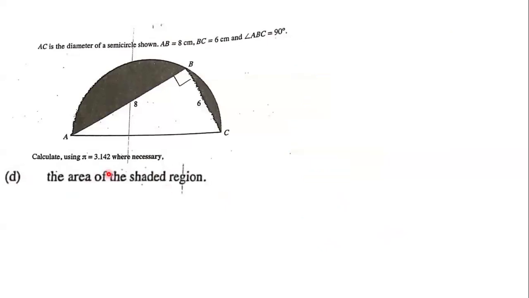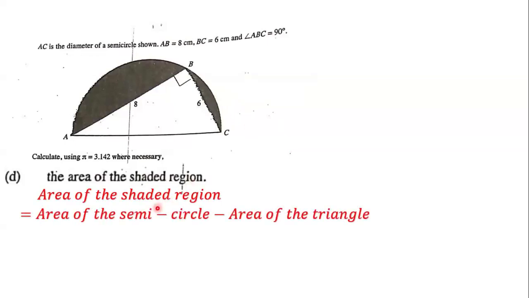Next, we have to figure out the area of the shaded region. Now, the way that we're going to figure out the area of the shaded region is we're going to take the area of our complete semicircle and the area of the triangle and subtract them. And so that's how we're going to get the area of the shaded region. So we have the area of the semicircle minus the area of the triangle.